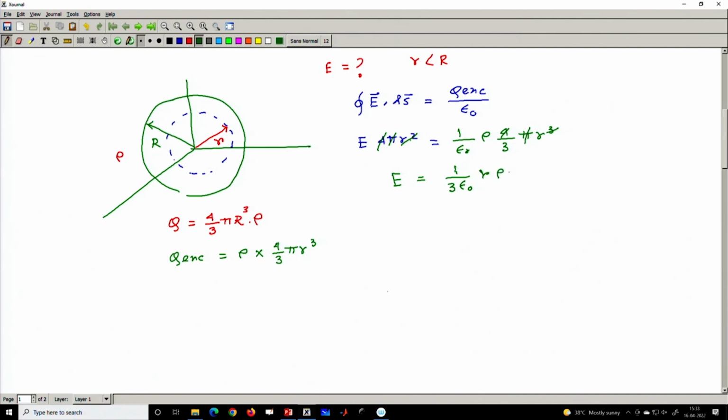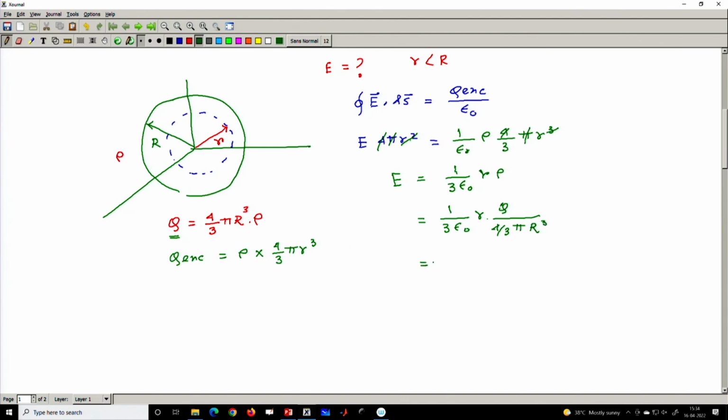multiplied by rho. Now if I want to write the entire electric field in terms of q, that is the total charge, I simply replace rho in terms of big Q. So it should be 1 divided by 3 epsilon 0, then r, and rho should be q divided by 4 by 3 pi big R cube.